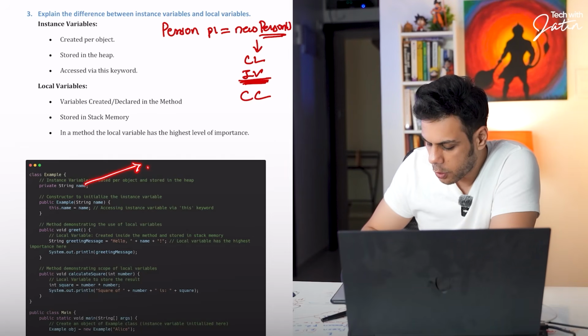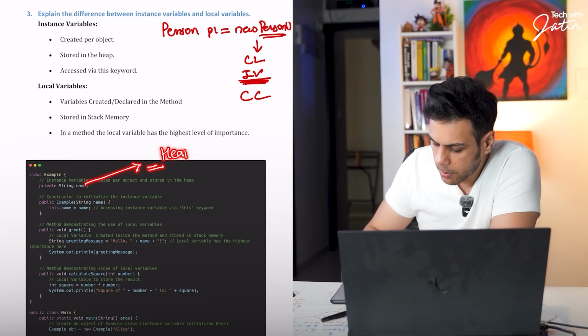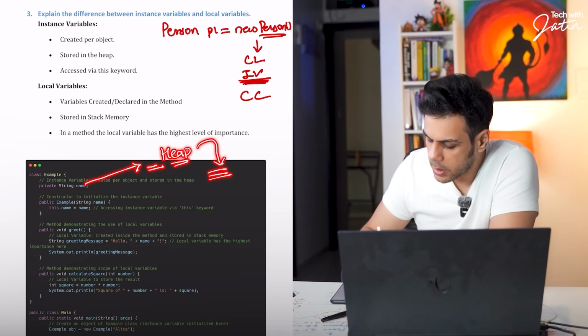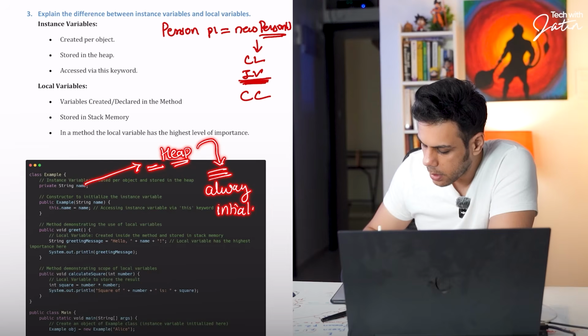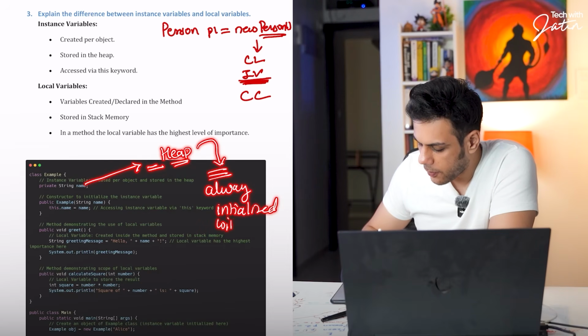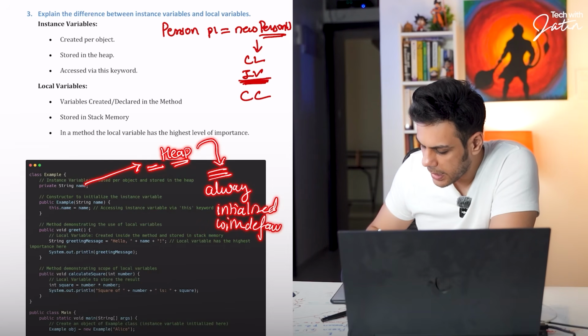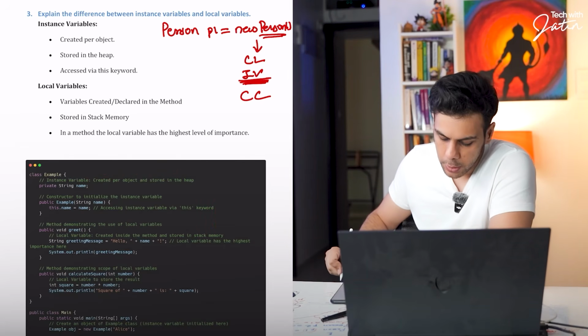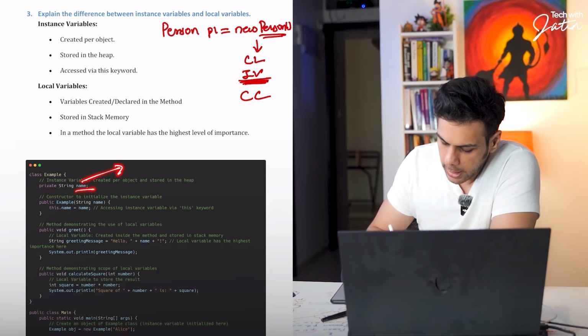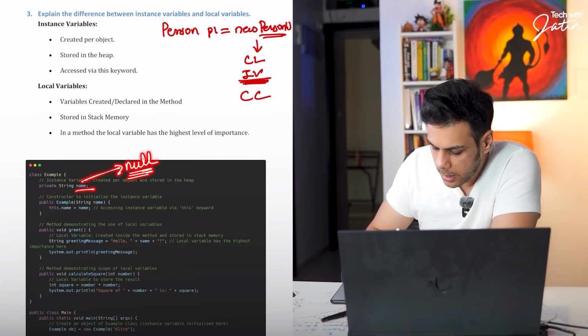Instance variables are going to be created in your heap memory. Any variable which is created in the heap memory is always initialized with a default value. Yes or no? Perfect. So name is going to have the default value null.